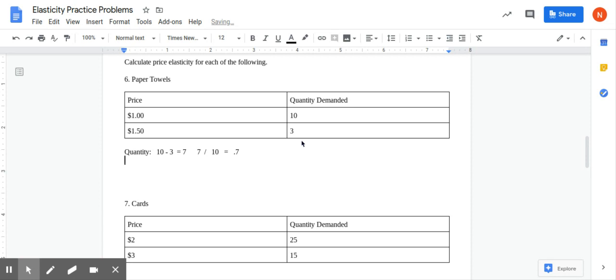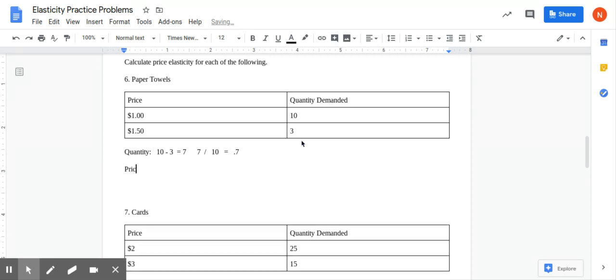Then we got our price. Any questions there? Good. We're going to take our dollar and subtract $1.50. Obviously our change is 0.5, also known as 50 cents.